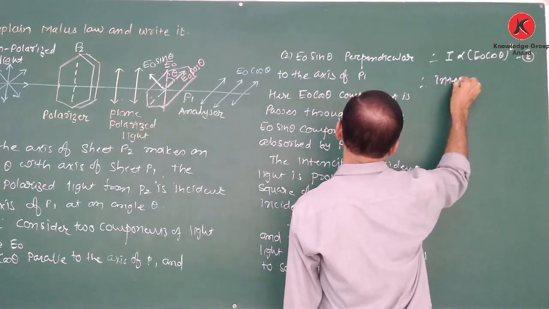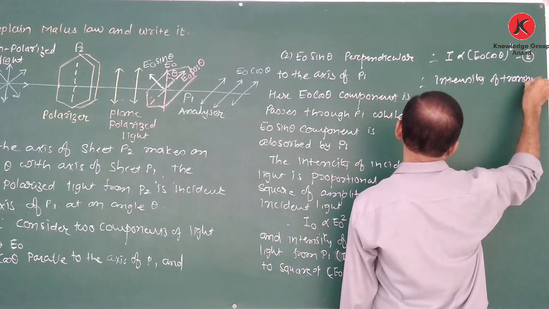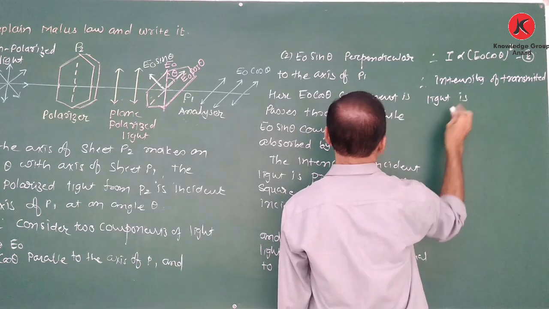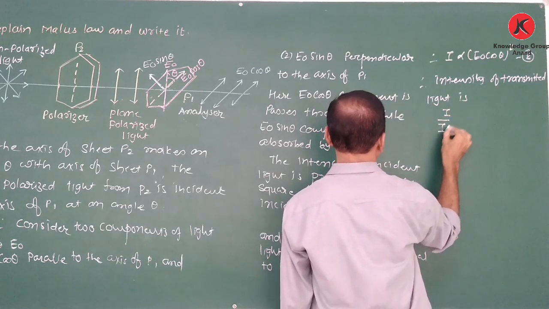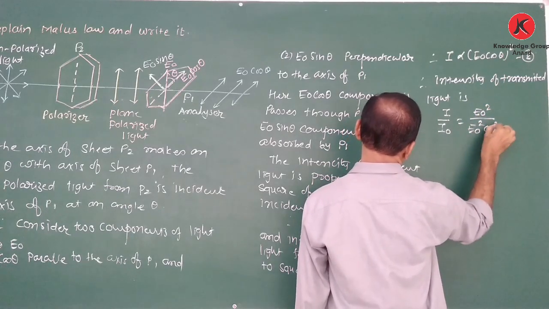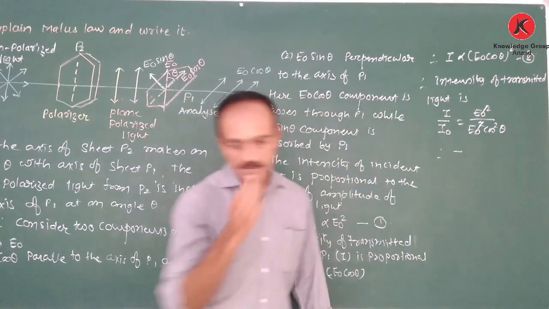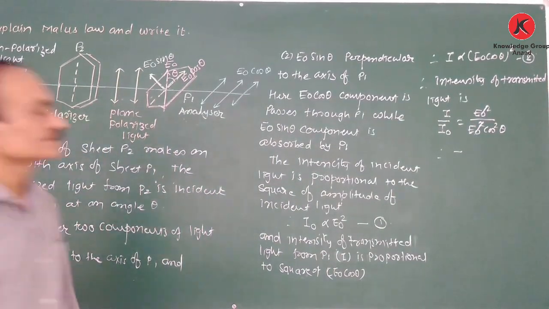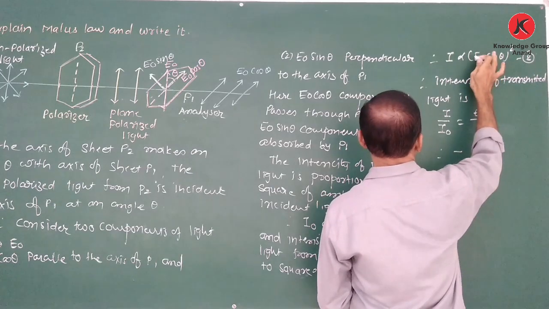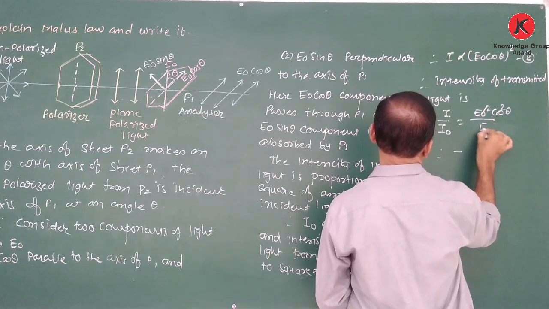Therefore, for the intensity of the transmitted light, I upon I0 is equal to E0 square cos square theta upon E0 square.